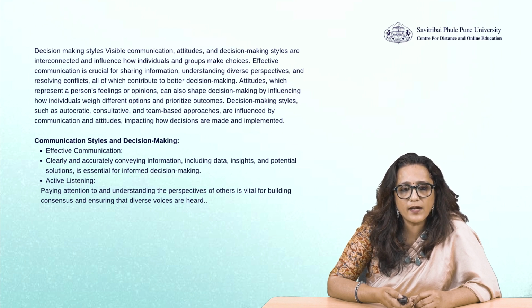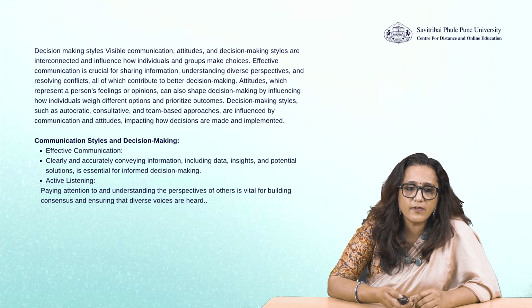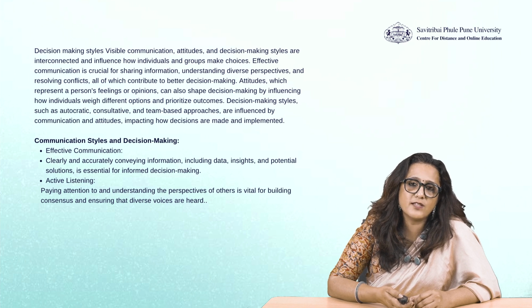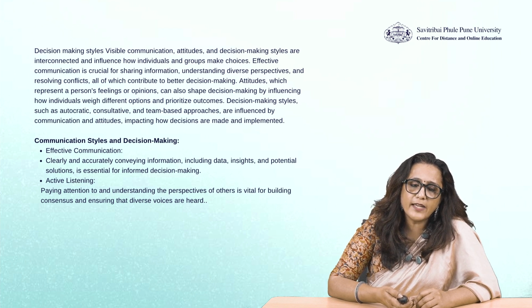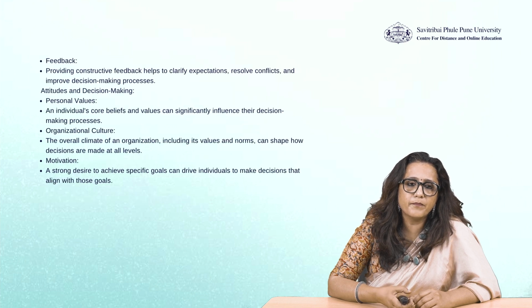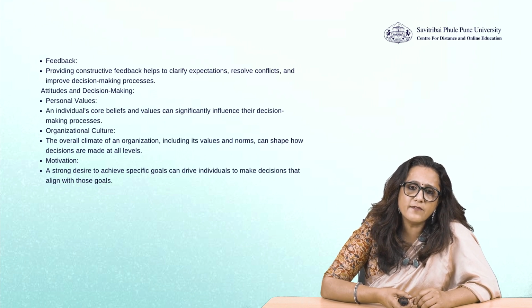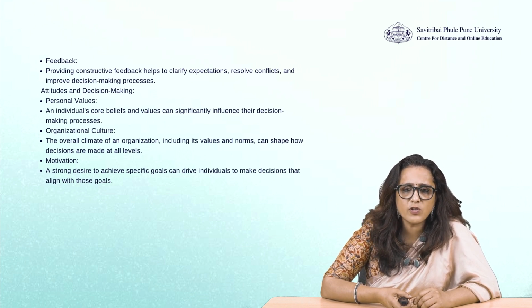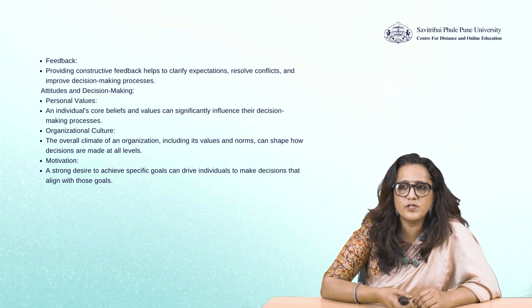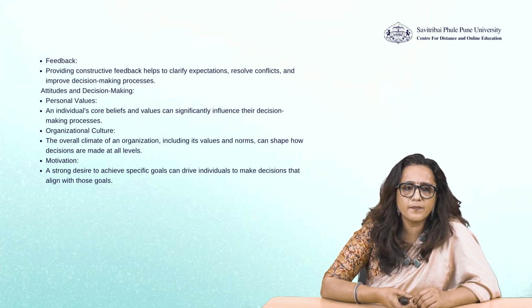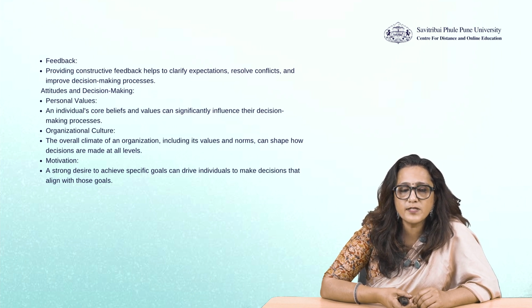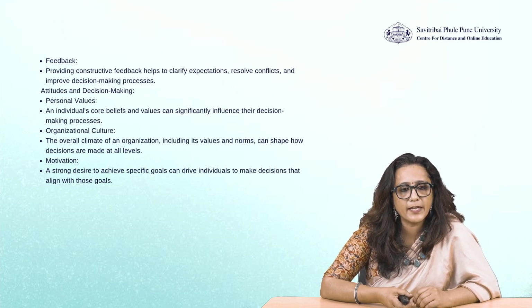Paying attention to and understanding the perspective of others is vital to build consensus, and therefore diverse voices should be heard before any decision is made. Feedback is an important aspect of it. Constructive feedback clarifies expectations, resolves conflict, and improves your decision making processes. It also gives you personal value for your attitude and decision making.